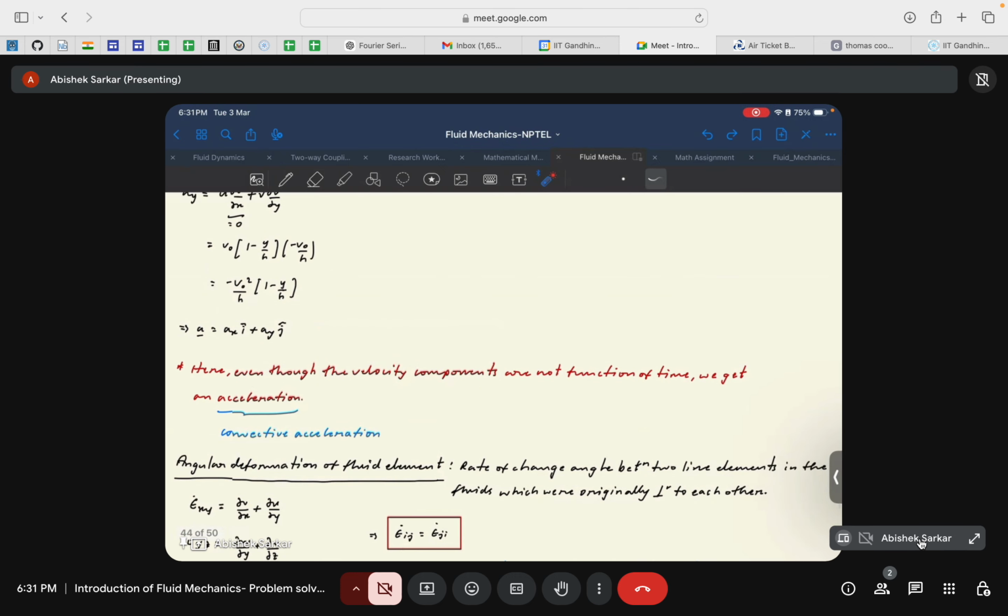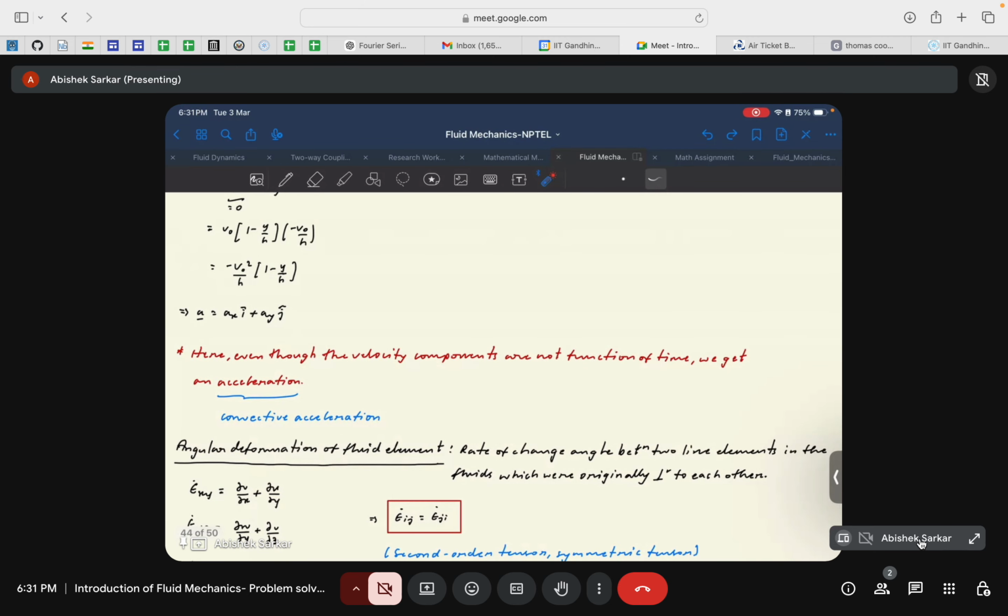So Professor Chakraborty pointed out a very interesting fact, something that we were qualitatively discussing in the previous class: the explicit demarcation between the local acceleration component and the convective acceleration component. We said that local acceleration arises because of the variation of the velocity components with respect to time.